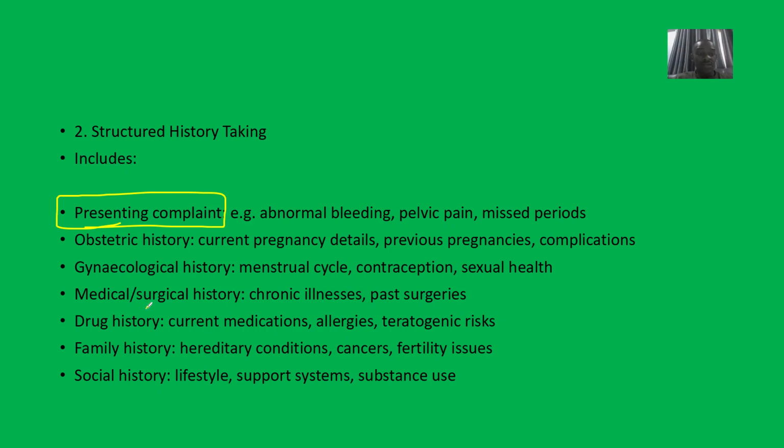So medical and surgical history: chronic illnesses, past surgeries. You understand? You're trying to inquire about all of that. So drug history, you are trying to know about their current medications, the allergies, and teratogenic risk.